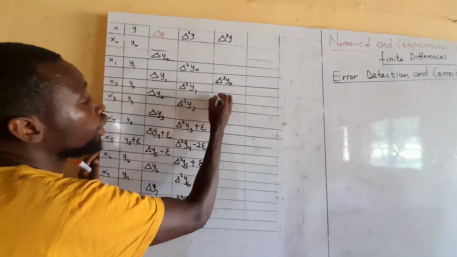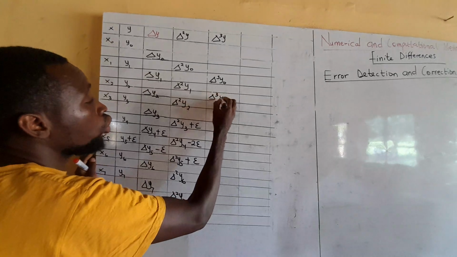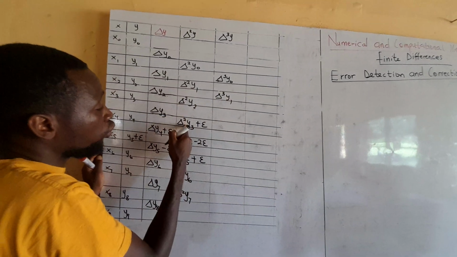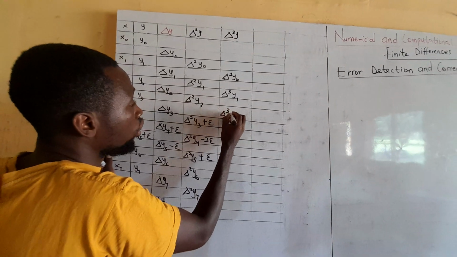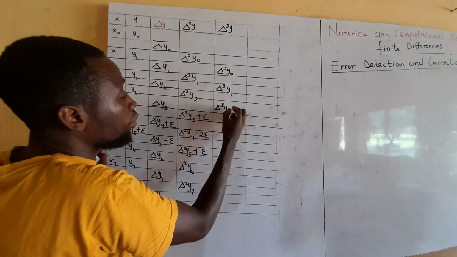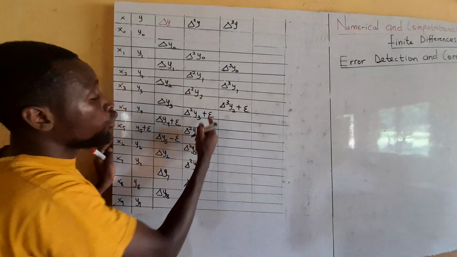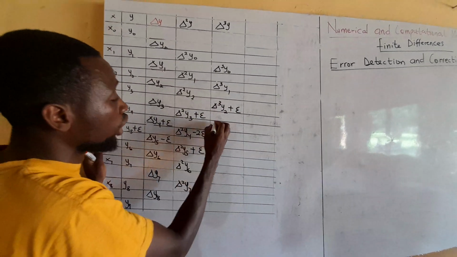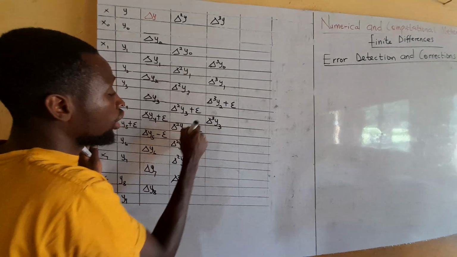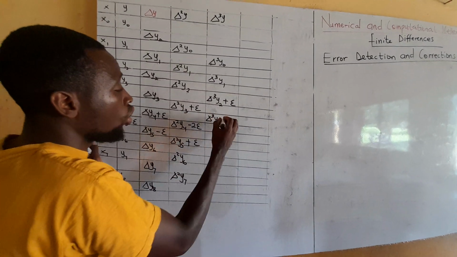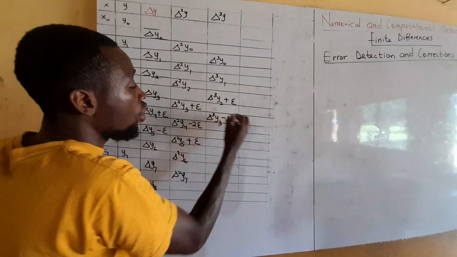This and this should be del cube y1. And the difference of this from this should be del cube y2, then plus error. Then the difference, once we subtract this from this, we'll get del cube y3, then minus 2 error minus error, will be minus 3 error.